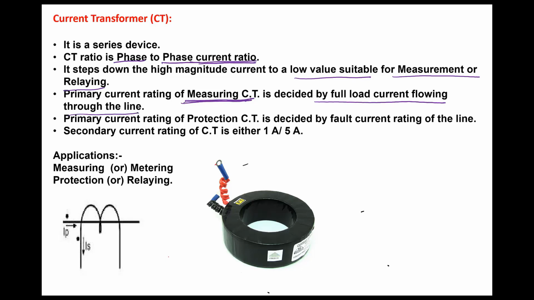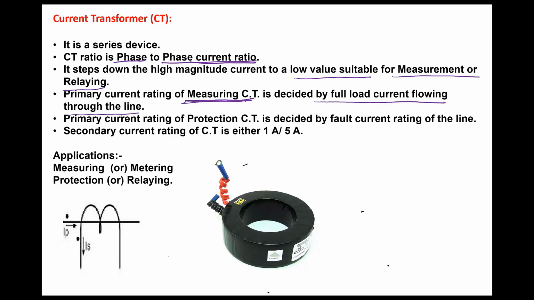It is based on the full load current that is flowing in that line or in that circuit. In the previous case, what was our full load current? Our full load current is in the range of 350 ampere. So we will choose either 400 ampere as a primary current or 500 ampere, because let us have a 100 to 120% flexibility. Understand?